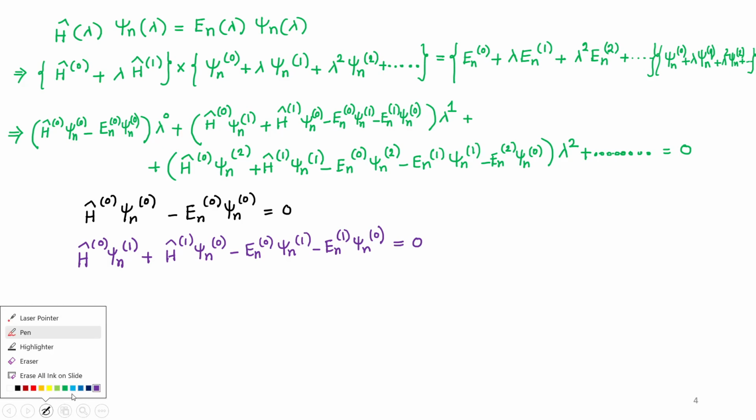And what else? We have another equation here that is related to the lambda square, right?